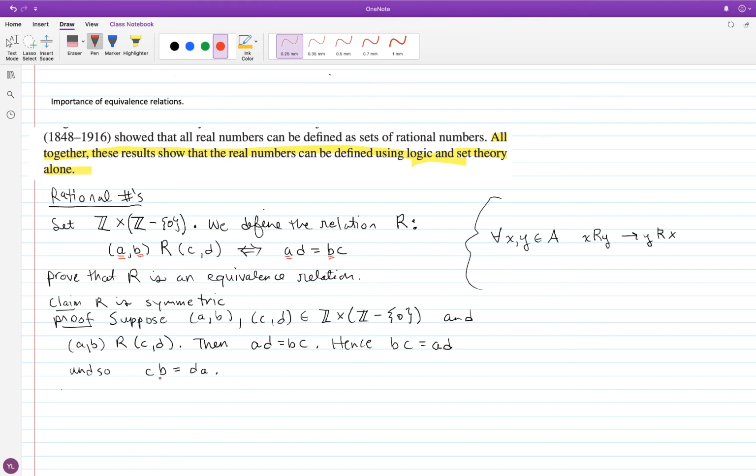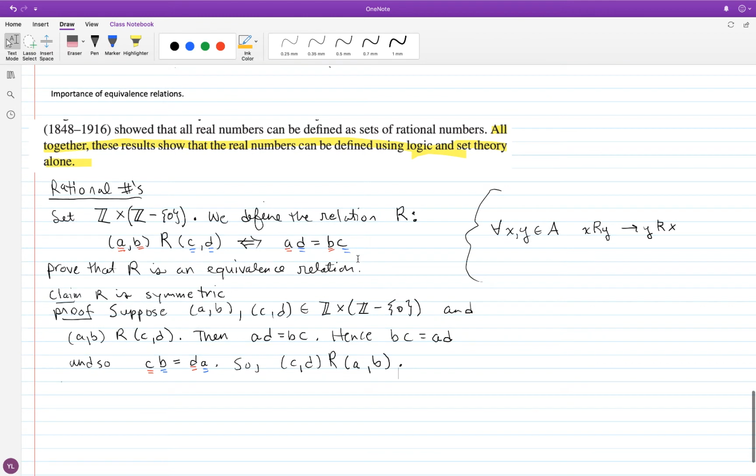CD is taking the same place in this equation as AB was up there, and then of course BA is taking the same position that D and C did in this equation. So that's just a long drawn out way of saying that I've concluded that CD is related to AB.